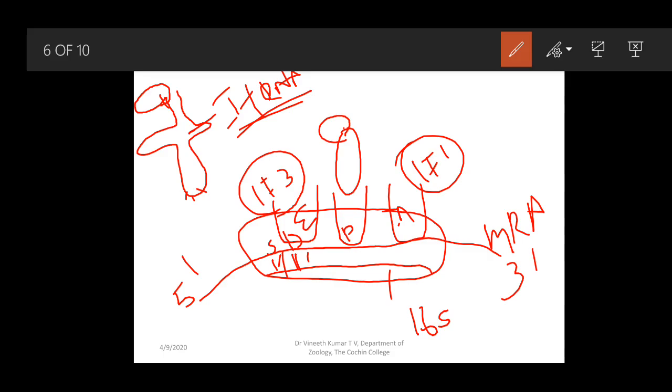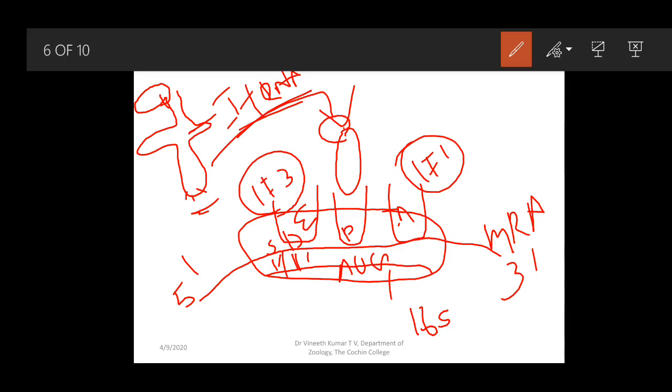Only the initiator methionine carries the formyl group. So this tRNA will enter the P site, because here you have the AUG, and the complement of AUG will be present in the anticodon loop.